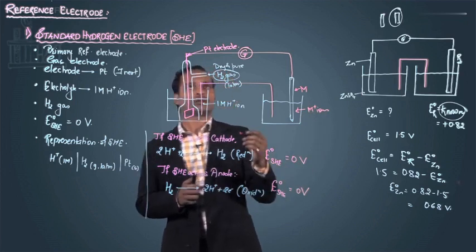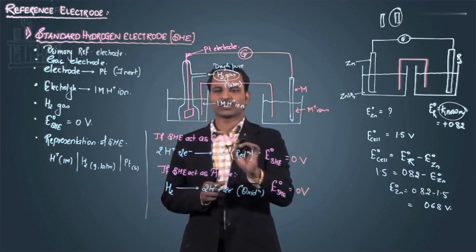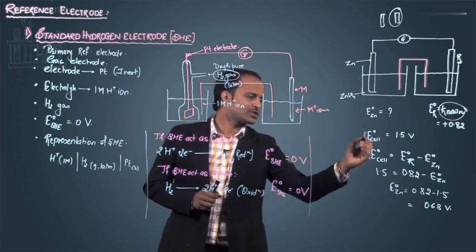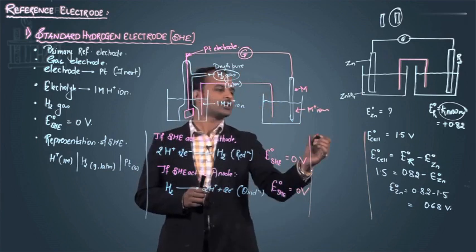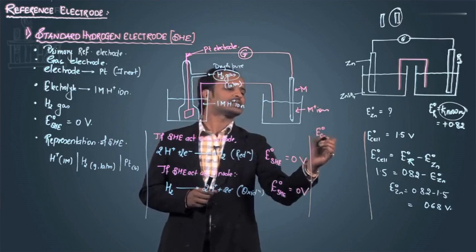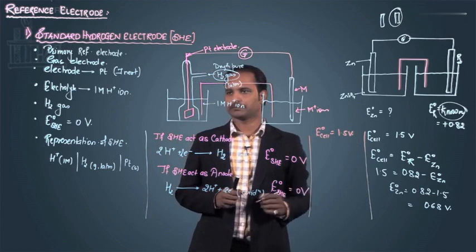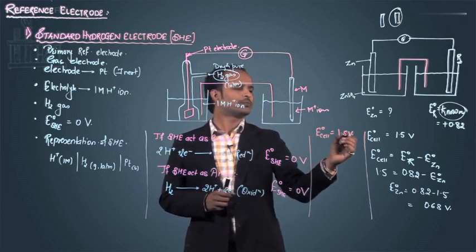I know that SHE electrode potential is 0, that is E naught of SHE. Start the process, and you will get some cell potential value. Suppose I got E naught cell equal to 1.8 volt.